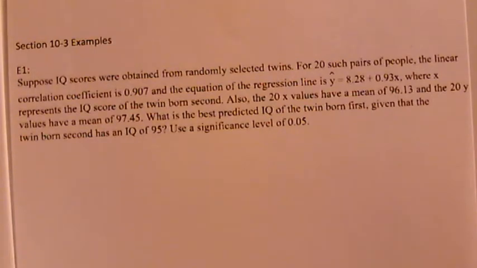Also, the 20 x values have a mean of 96.13 and the 20 y values have a mean of 97.45. What is the best predicted IQ of the twin born first, given that the twin born second has an IQ of 95? And then you're going to use a significance level of 0.05. So that tells me I have to do a hypothesis testing procedure for this, because I have the significance level given.